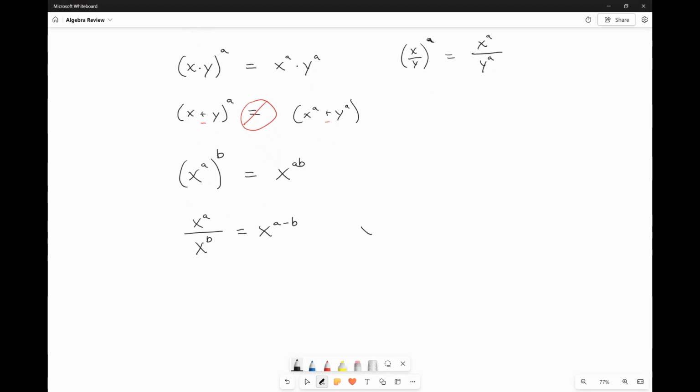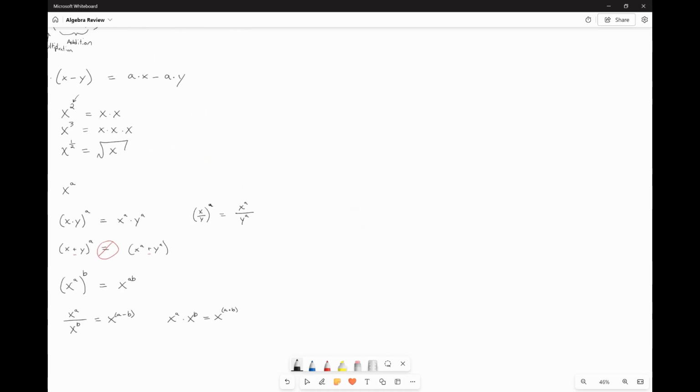I could also have x to the a power times x to the b power. That would be equal to x to the a plus b. Maybe I'll put some parentheses around here to make sure it's super clear. That's all in the exponent. Okay, so there we go for exponents.